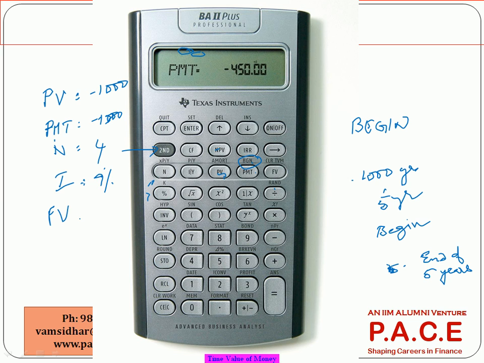But this FV gives me the value at the end of 4 years. From there you take it for 1 more year. You multiply it by the interest rate again, and you will get it at the end of 5 years.